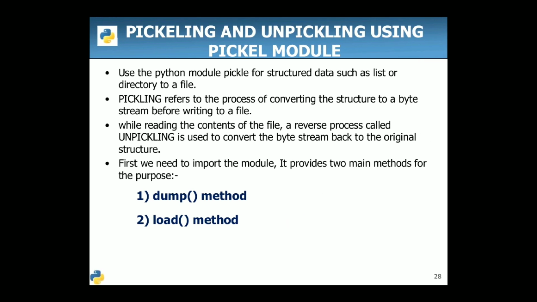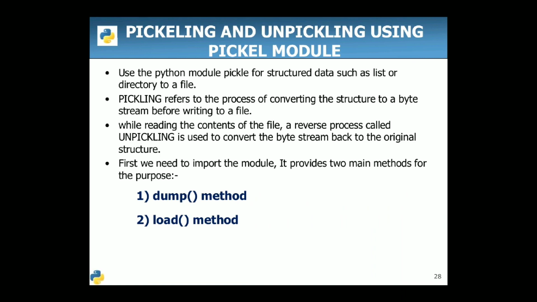Next concept we talk about is pickling and unpickling using the pickle module. We use the Python module pickle for structured data such as a list or dictionary to a file. Pickling refers to the process of converting the structure to a byte stream before writing to a file. That means we are converting a structure like a list to a sequence of bytes, that is a byte stream, before we write into a file.